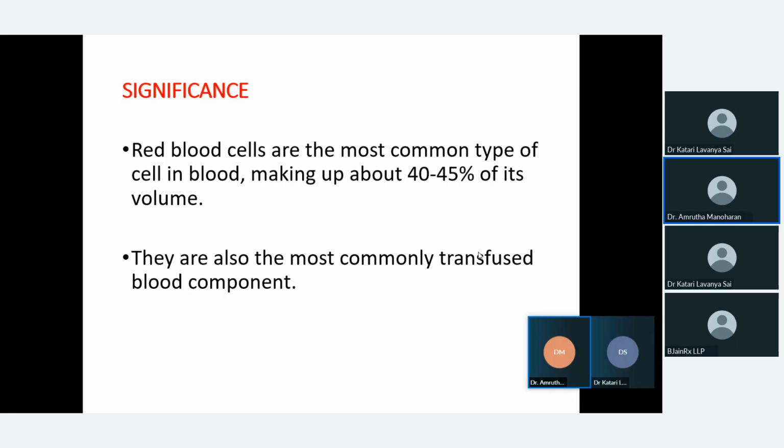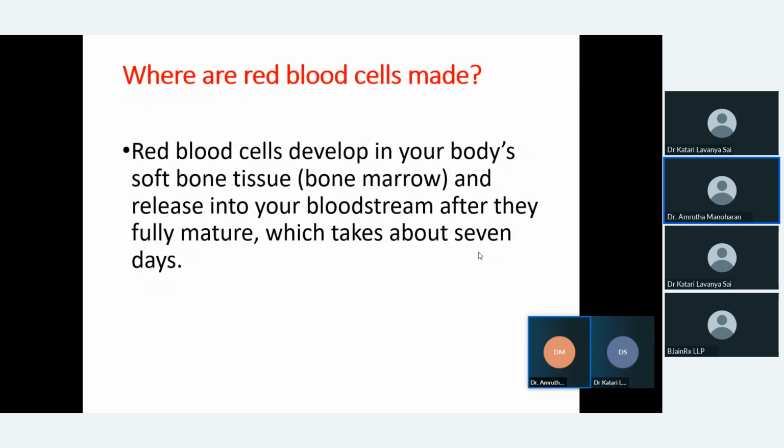So the shape is biconcave, and the size is only 6 micrometer in diameter. These are the basic things we say about RBC. RBC is a very important component of the blood and it has a biconcave disc-like structure.